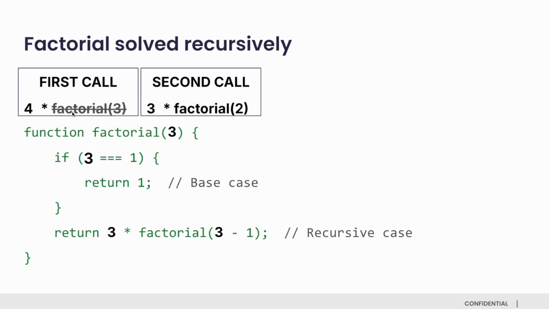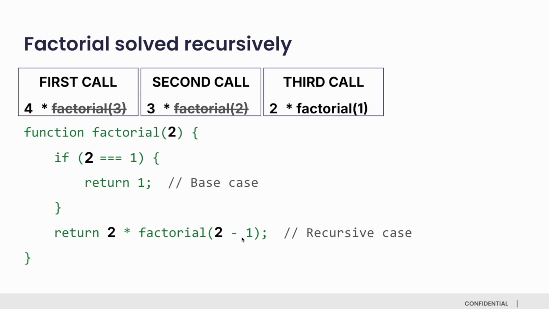The function then calls factorial 3, and again, since n is not equal to 1, it's going to return 3 times the factorial of 2. Next, factorial 2 will then call factorial 1. So 2 times factorial 1 is what's happening in our third call.